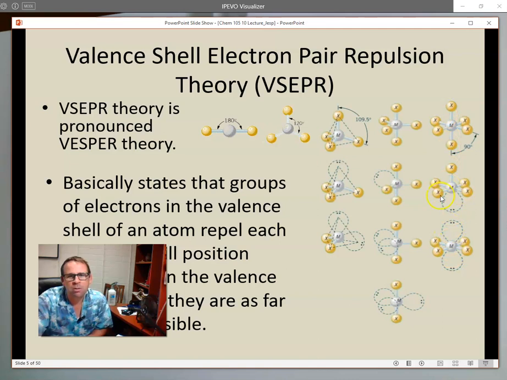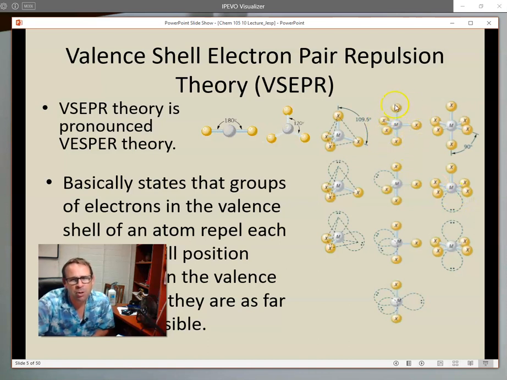I could switch this around and it could move to any location and it would be the same in terms of the molecular structure, right? If I put it on the axial region, it would be the same as the equatorial region in terms of its actual shape and its location.